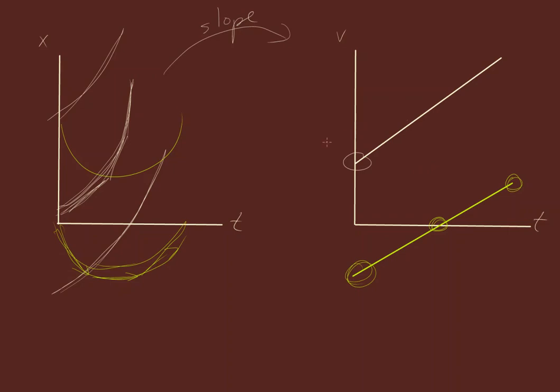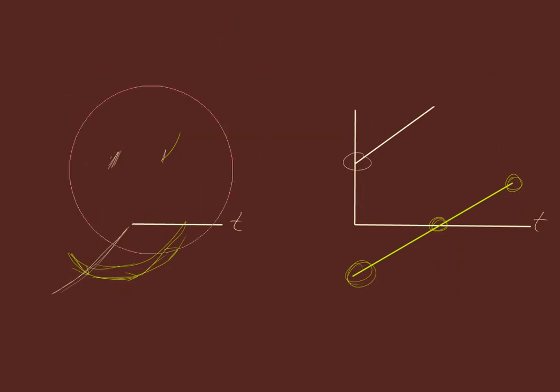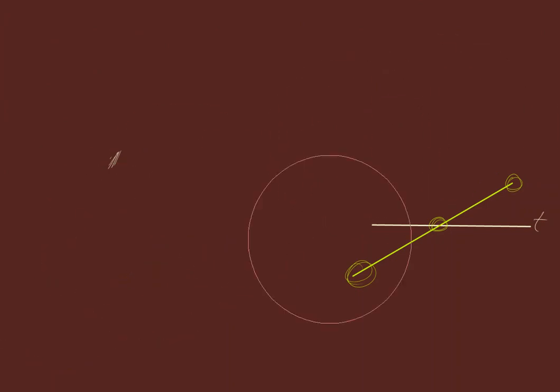If we take vectors, we can also look at acceleration in a different light. So let me erase all this. So we defined average acceleration as the change in the velocity for a given unit of time.